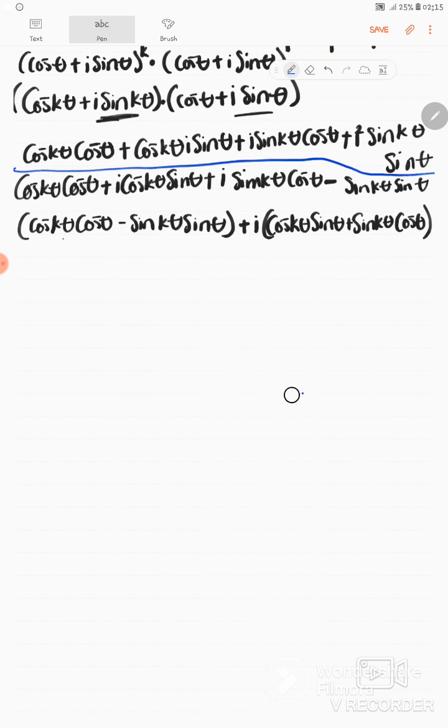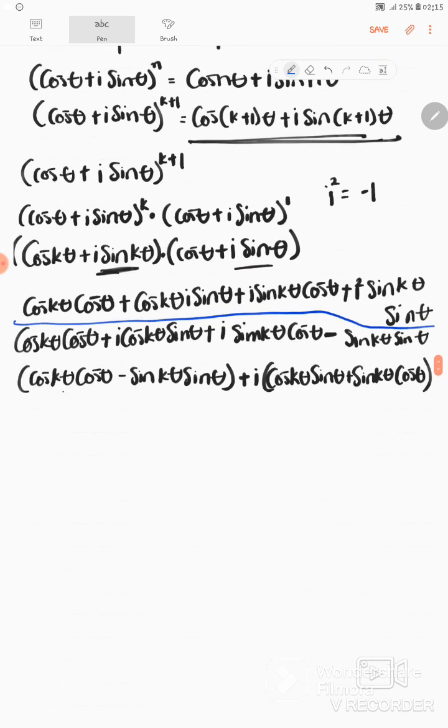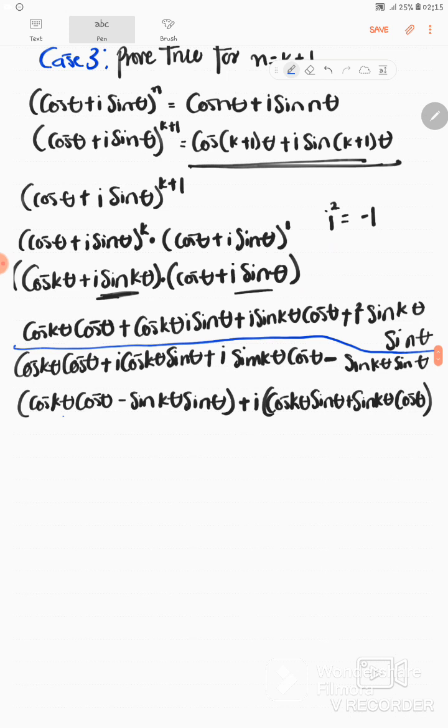Now let's apply it to what we are solving right now.